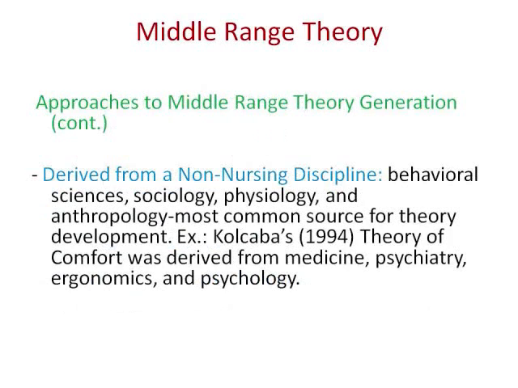And then, derived from a non-nursing discipline, a significant number of middle range theories are developed from one or more non-nursing theories. Examples are behavioral sciences, sociology, physiology, and anthropology, which appear to be the most common sources for theory development. Example of which is Kolcaba's theory of comfort, which was derived from medicine, psychiatry, ergonomics, and psychology.